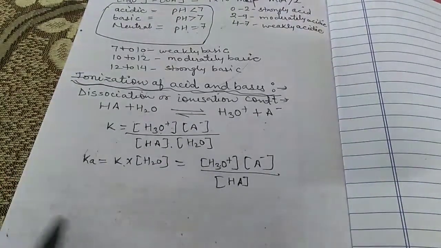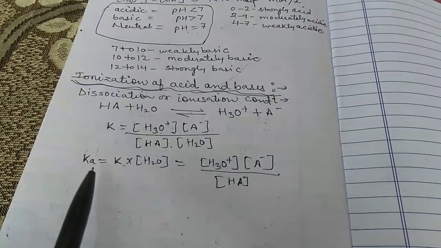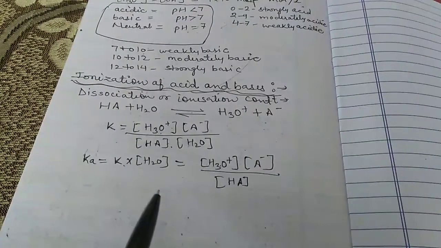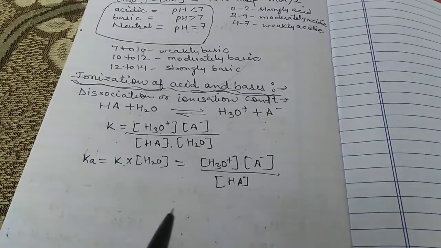The degree of dissociation or ionization may be defined as the fraction of the total number of molecules of an electrolyte.